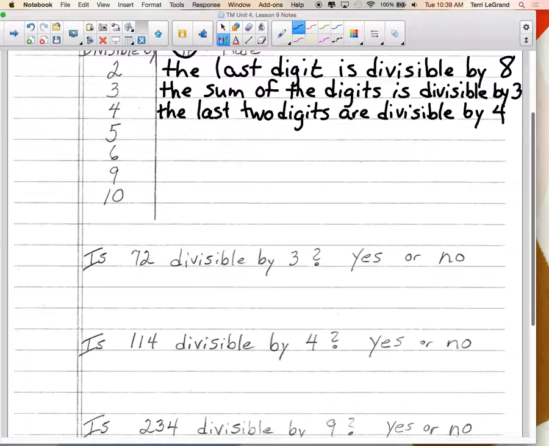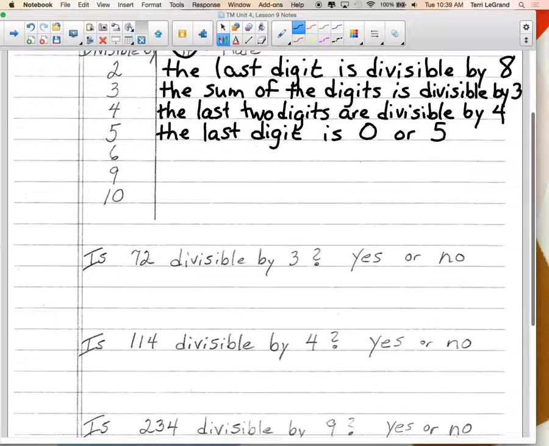If the last digit is 0 or 5, does that sound familiar? If the last digit is 0 or 5, you know that number is divisible by 5.